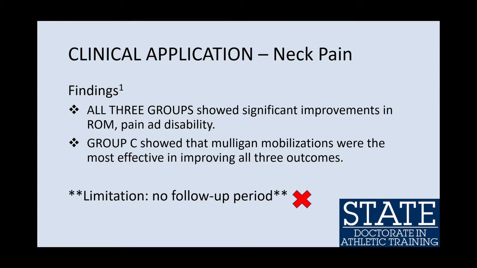All in all, the 3 groups showed significant improvements in range of motion, pain, and disability. But Group C showed that Mulligan mobilizations were the most effective in improving all 3 outcomes.